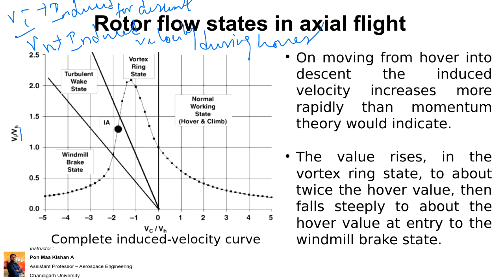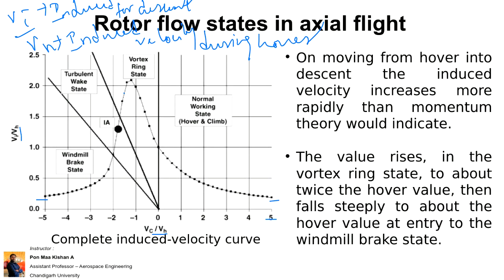Here it is also compared with the climb velocity divided by Vh. You can understand that here we have to read the graph from right to left, since this is the climb phase, the climb or hover condition, and this is our descent.